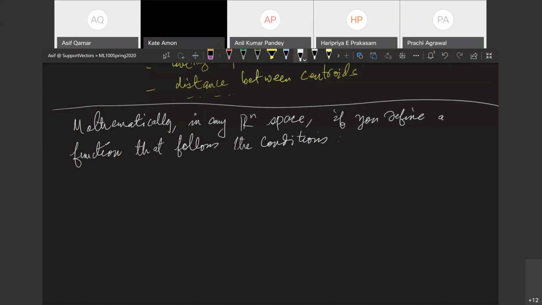One is that the function d of a point to itself, the distance of a point to itself, is 0. In other words, for 2 points x and y in this feature space, the distance is 0 if and only if x is the same as y.